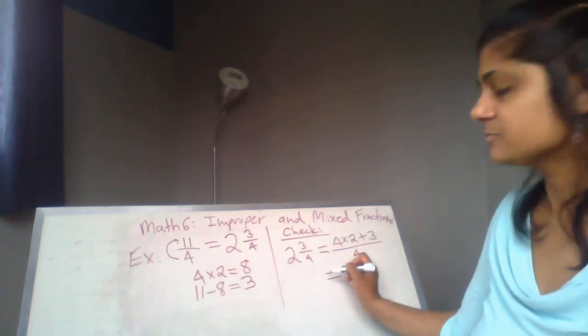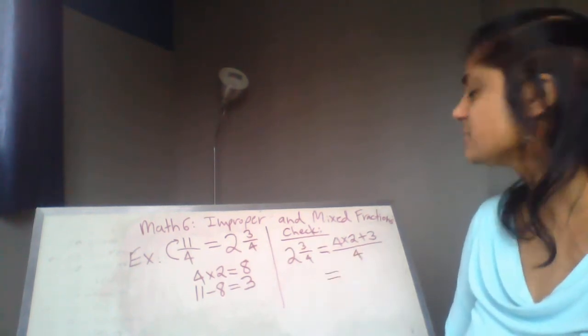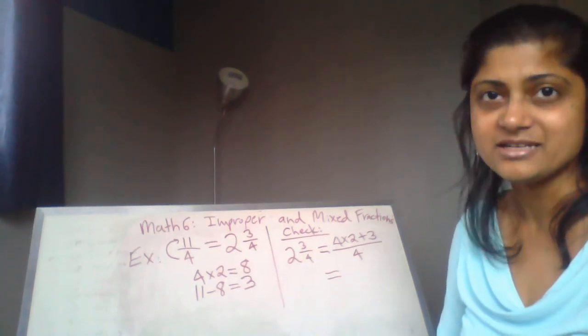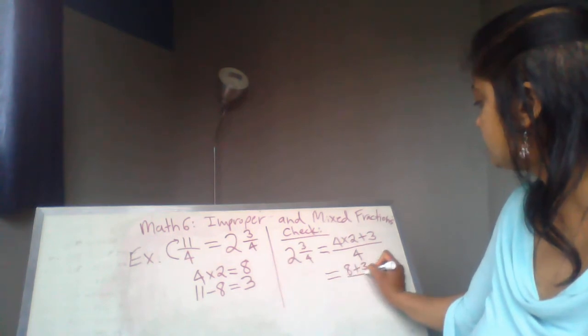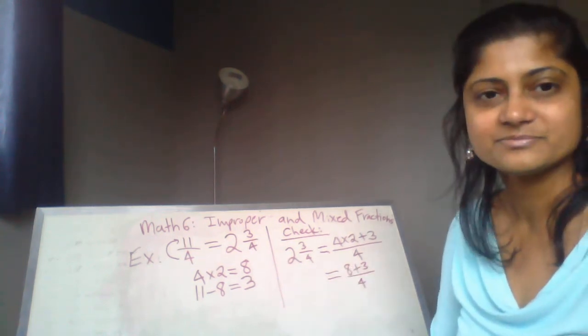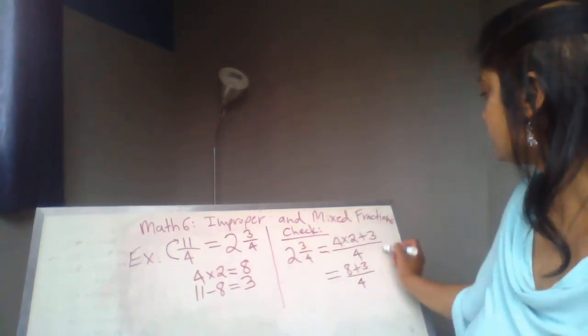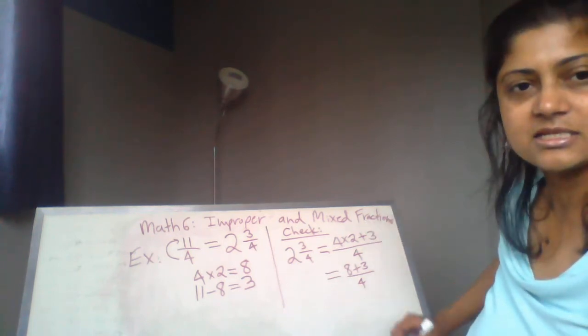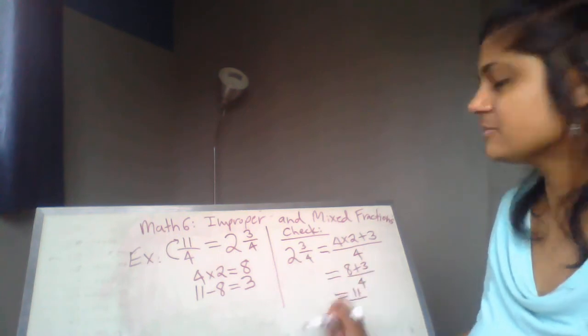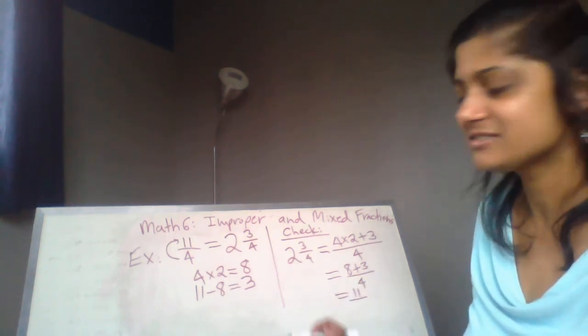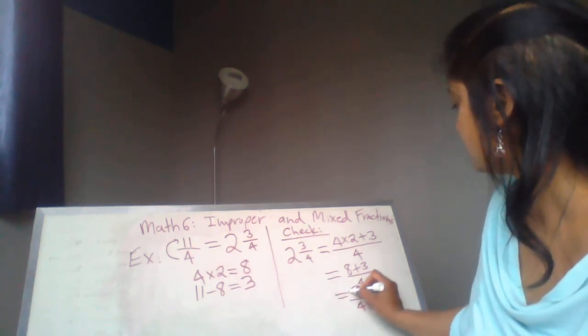So let's write it on the bottom. Okay, so what we're going to do here is 4 times 2, which is 8. Let's show our work here. Plus 3 over 4. Okay? So I'm just basically adding these numbers together here. Okay? So the top number, I'm doing 8 plus 3, which is 11 over 4. Okay?